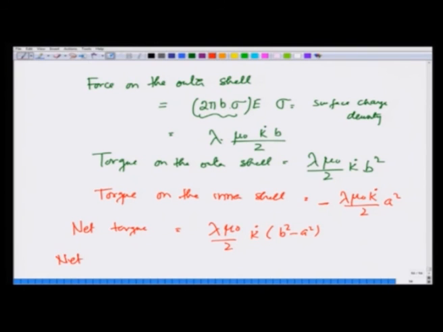Net angular momentum of the system is going to be, when I integrate this, by the time k comes to 0 starting from some initial value of k, lambda mu 0 over 2 k B square minus A square.